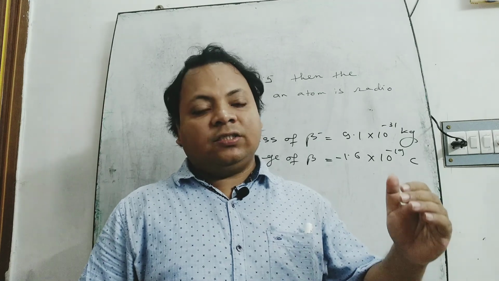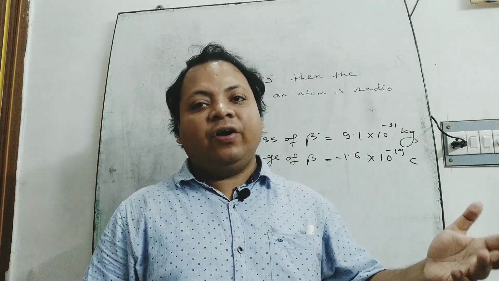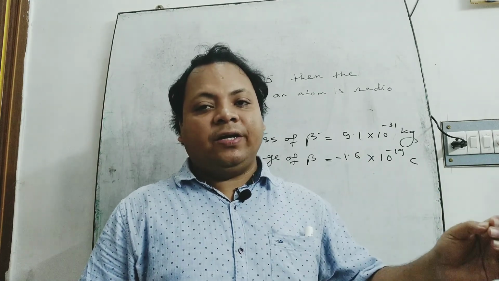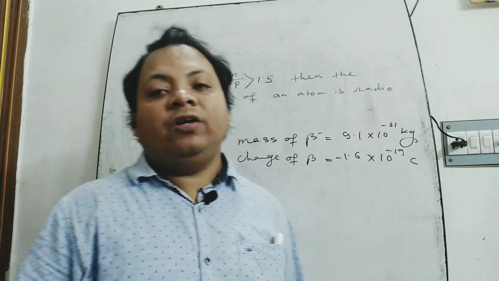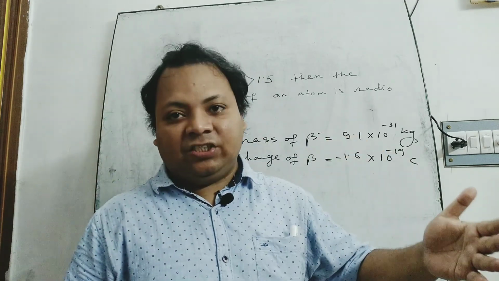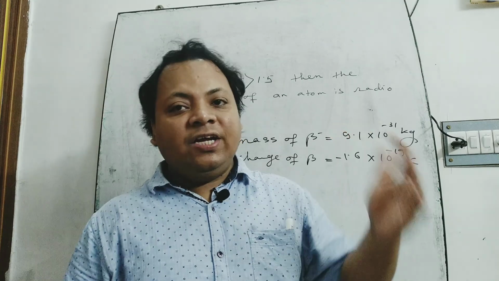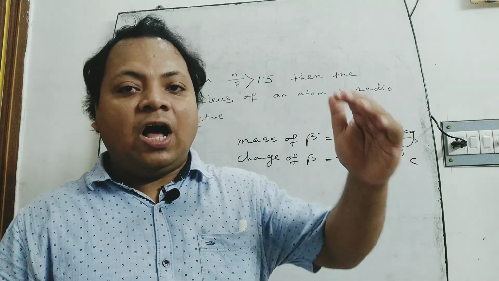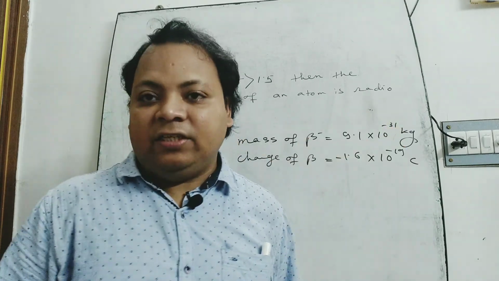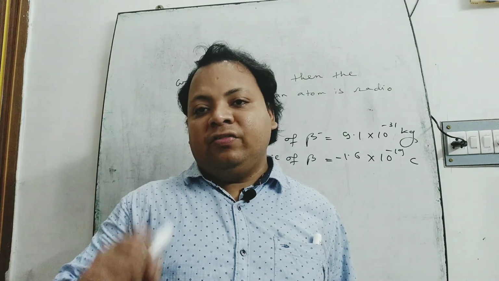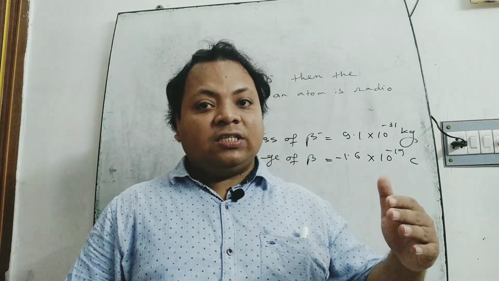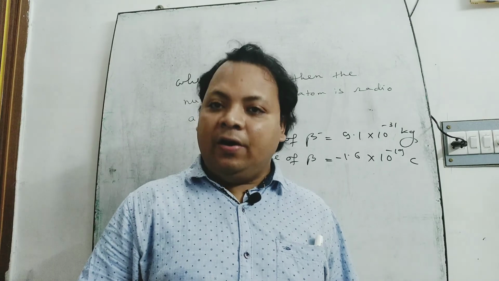When a nucleus emits an alpha particle or beta particle, then the energy level of the nucleus is increased. That's why it tries to jump from the high energy level to a low energy level. In this way, the nucleus emits gamma ray.